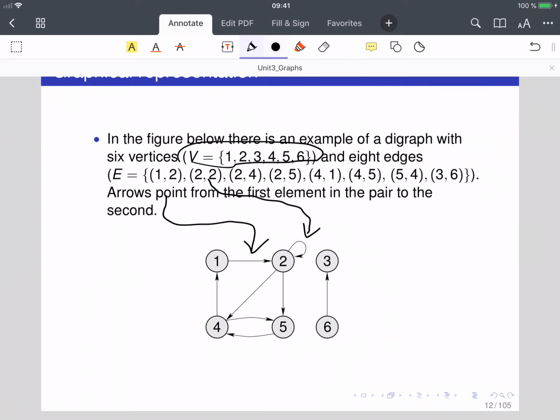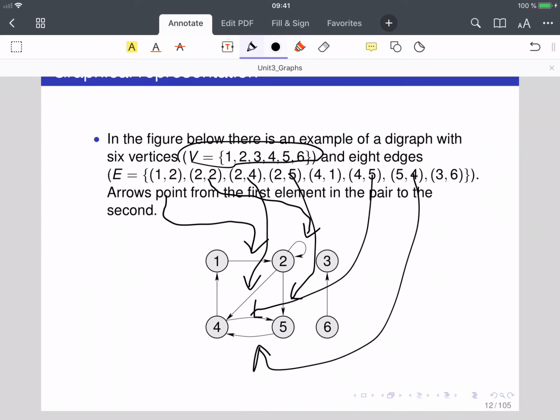Okay, 2, 4 is this arrow here, 2, 5 is this arrow here, and notice that we have here 4, 5 and also 5, 4. Okay, so the graph is directed, but it doesn't mean that you cannot have a connection between 4 and 5 and 5 and 4.